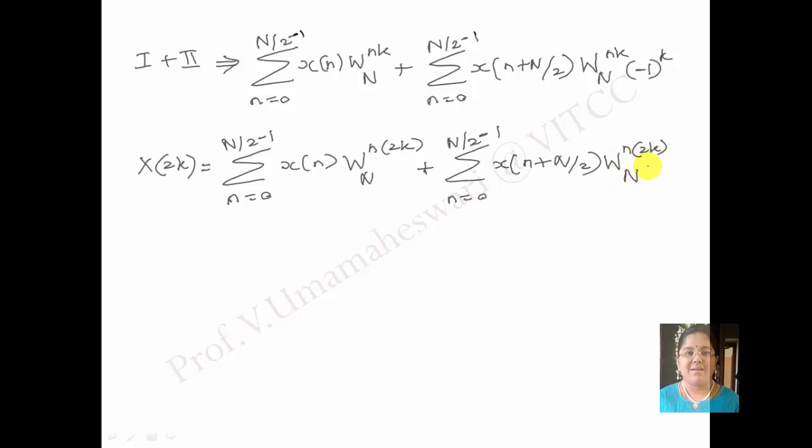I am just replacing k by 2k. Minus 1 the whole power 2k will become 1. So that is how I am able to combine two terms here.